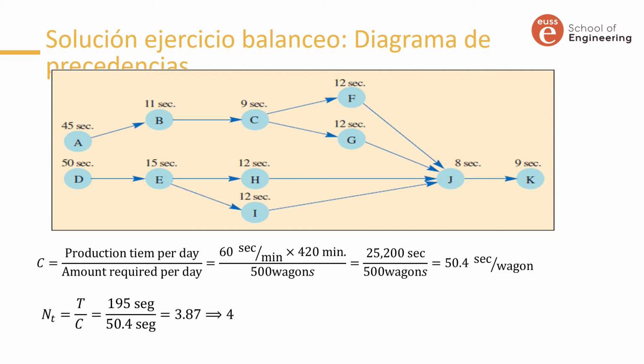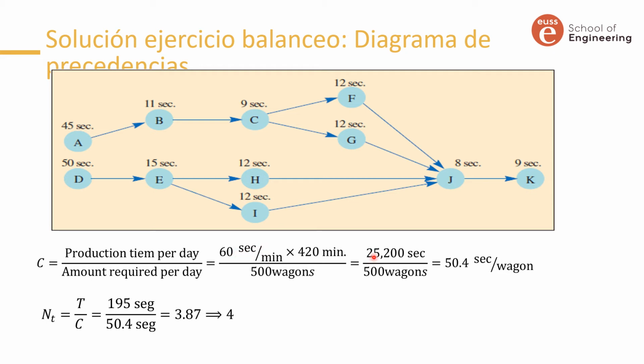So pay attention, very important. They should always have the same unit of time. So if we have minutes here, we should multiply by 60 to change it to seconds.